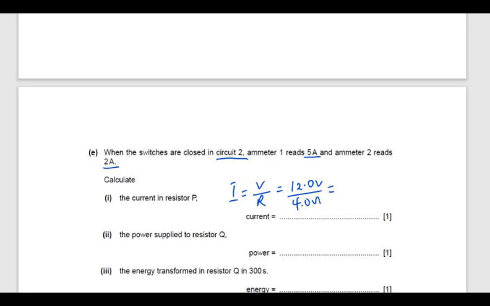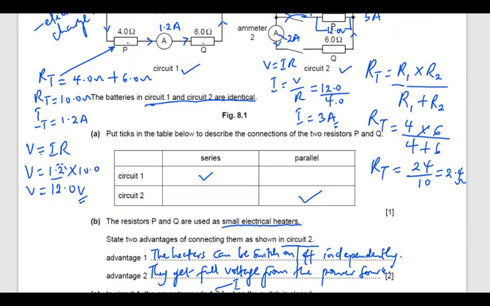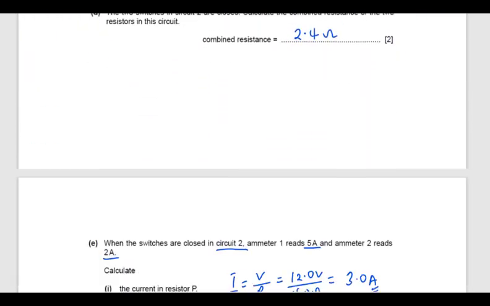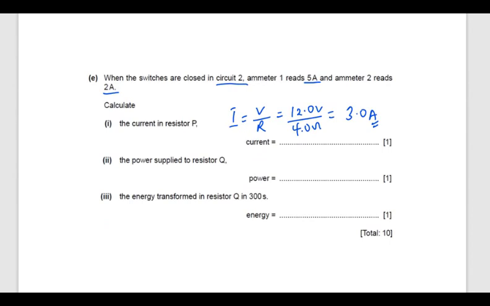If I divide that, it will give me 3.0 amperes. That was how we got that. I think that's straightforward.